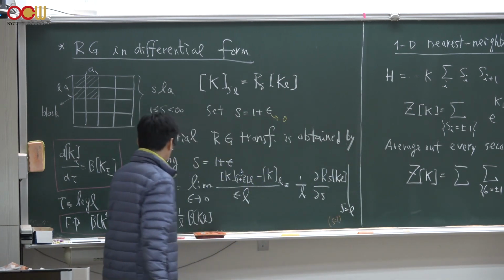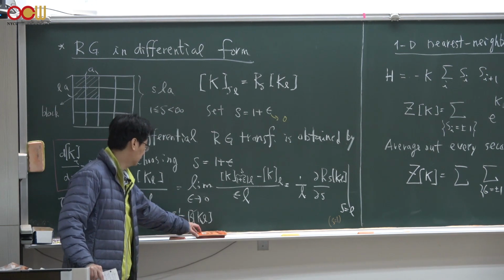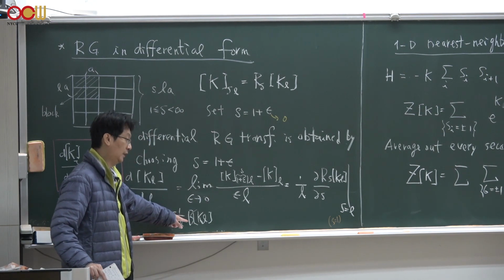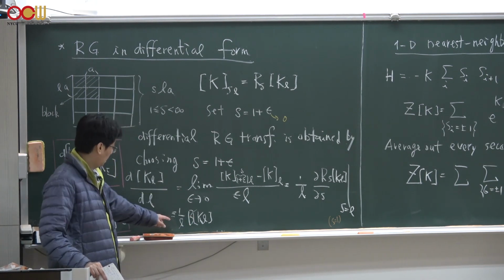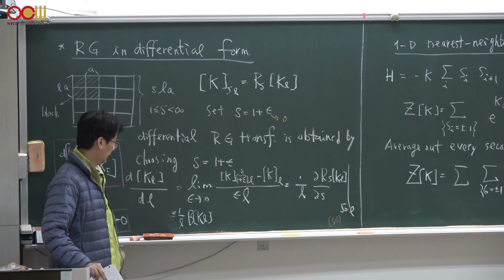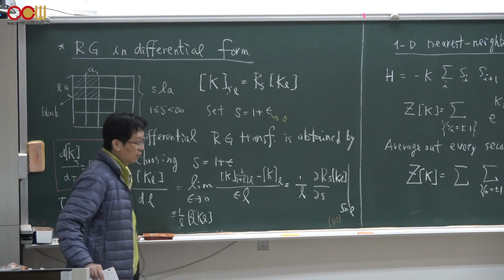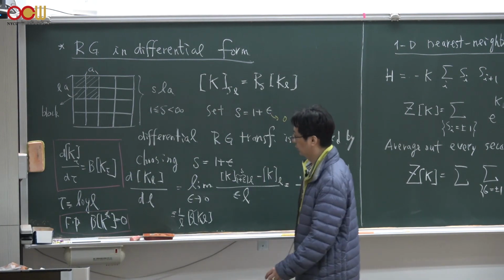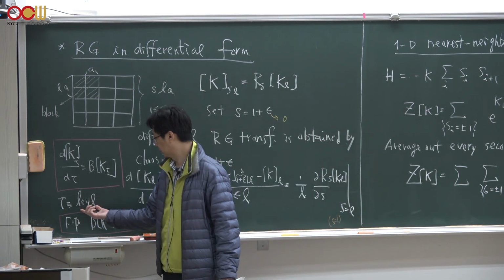We could denote this differentiation as some unknown function, which we will derive, which we call B, capital B, as a function of the coupling constant at the original length scale La. Now this differential equation of a coupling constant could be formally defined in the logarithmic scale, where tau is defined by this log L.